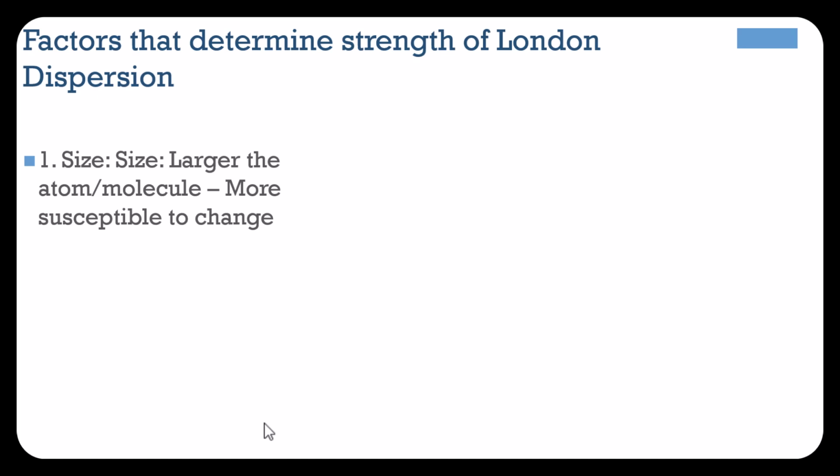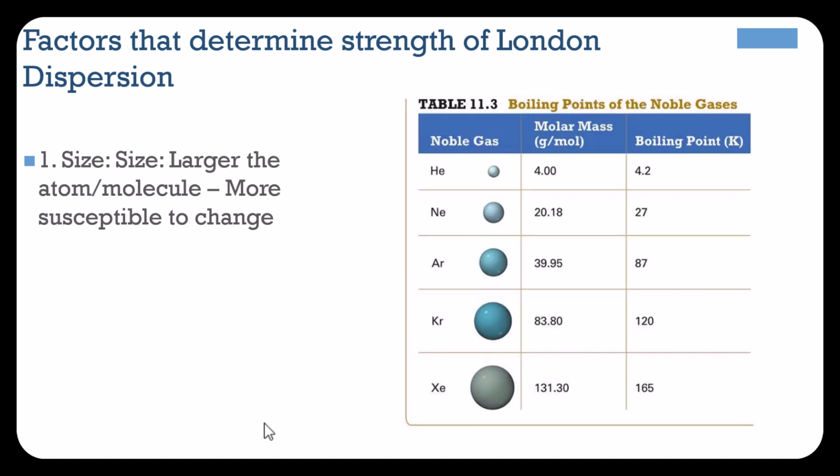Okay. So if we think about the size of an atom, let's just start right there with an atom. What do we know about atoms? So here we're looking at our noble gases, right? We start with helium at the top of group 18 or 8A, and we move our way down to xenon at the bottom. So what we see is from top to bottom, those noble gases get bigger, okay?